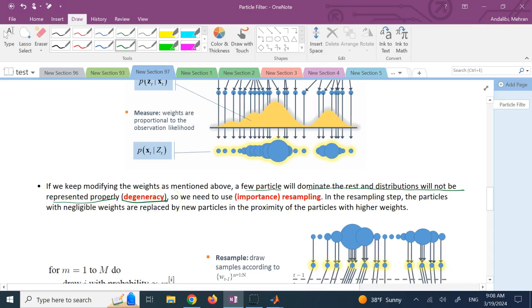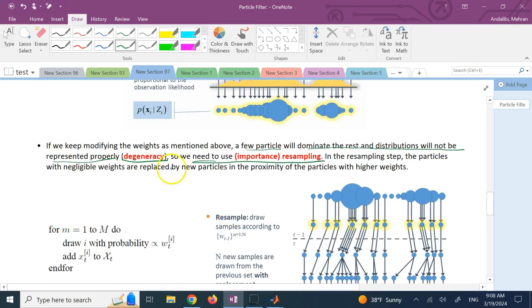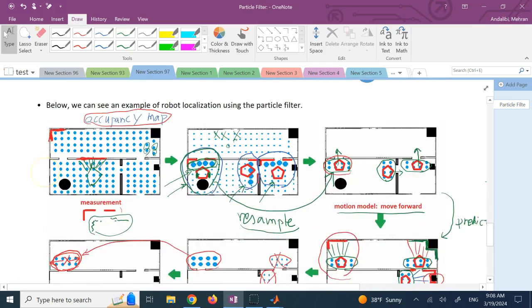Okay? So what you need to do in each step is to resample the weights or the importance factor, as I said. And if a particle has negligible weight, you replace it with new particles, but where? Not in the same location, in the proximity of the particles with higher weights, right?